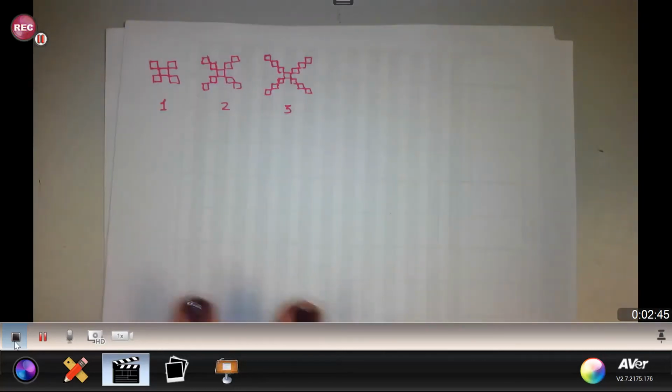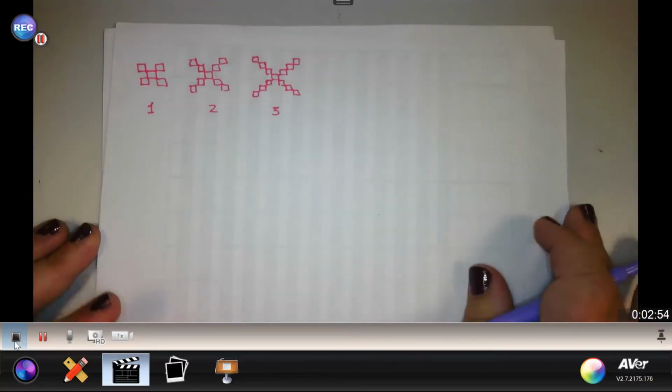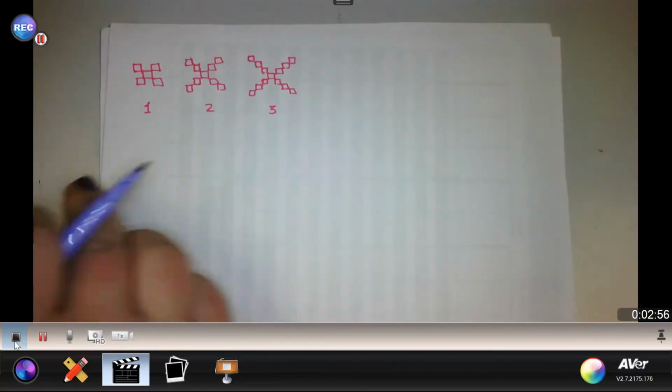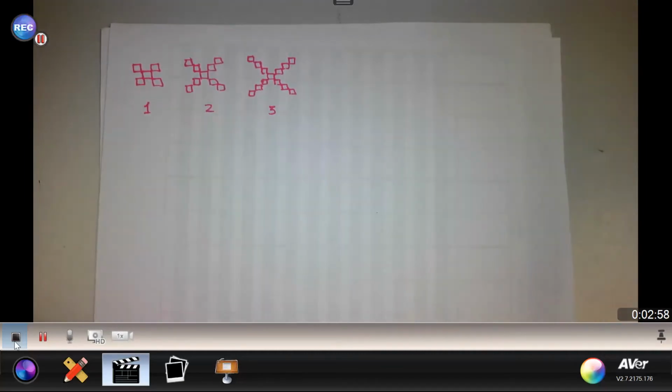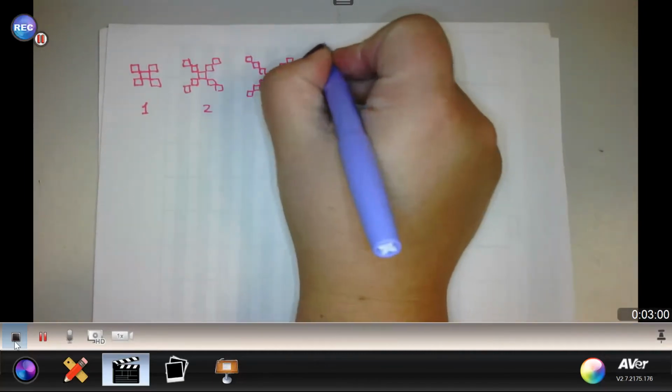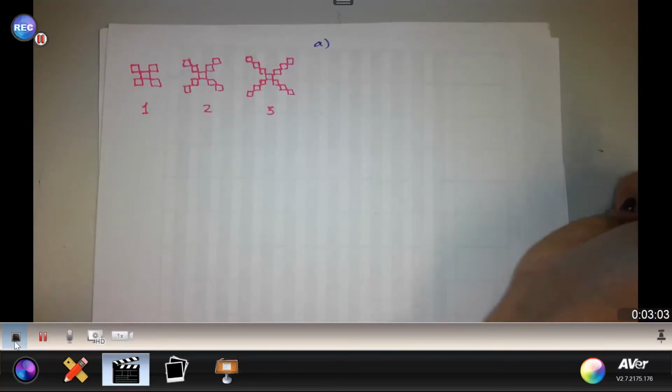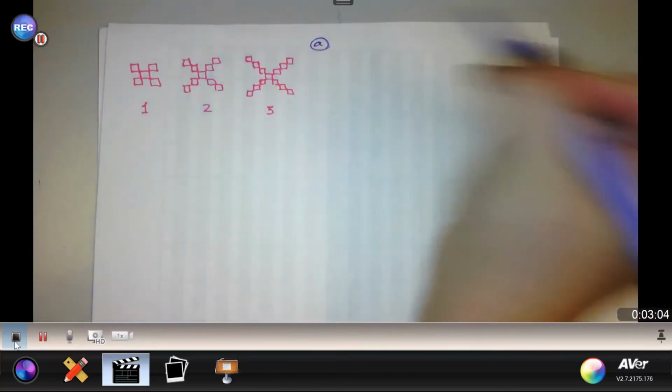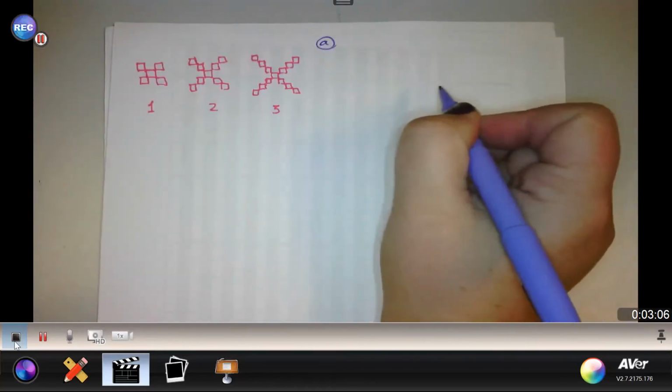I've already done my little sketch here, and I would recommend writing it down. For the concrete model, I'm going to label the parts A, B, C, D, etc. as I go so that you can see what they correspond with on that paper. You need to be able to do the next ones in the sequence.